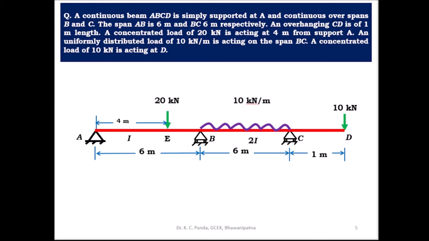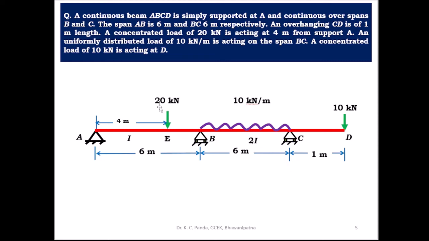So this is the continuous beam, and here the support A is simply supported and CD is overhanging, with span AB of length 6 meters, span BC of length 6 meters, and CD overhanging 1 meter.